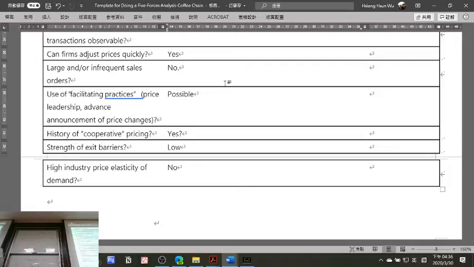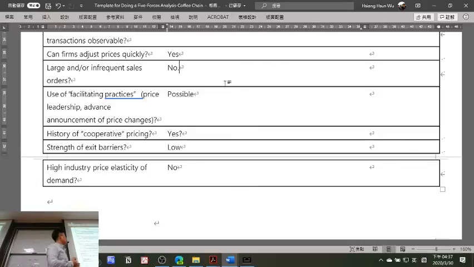The facilitating practice is just like the case I showed you 2 weeks ago. There are two oil station brands in Taiwan, right? CPC and FPCC. They have so-called facilitating practice: one leading company announces the price first, and the other company follows. By this way, they can control the market price easily.